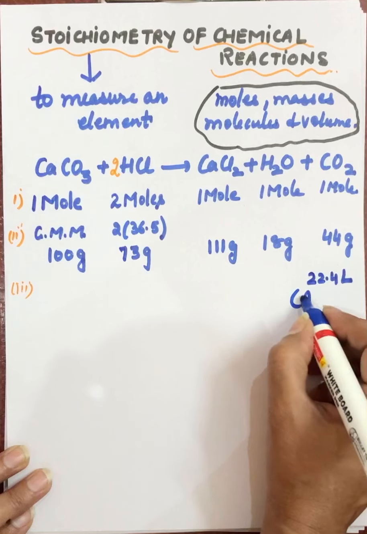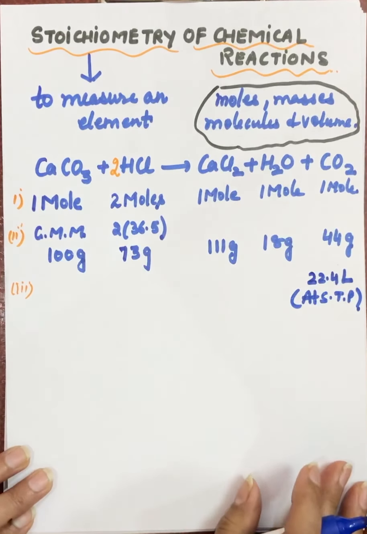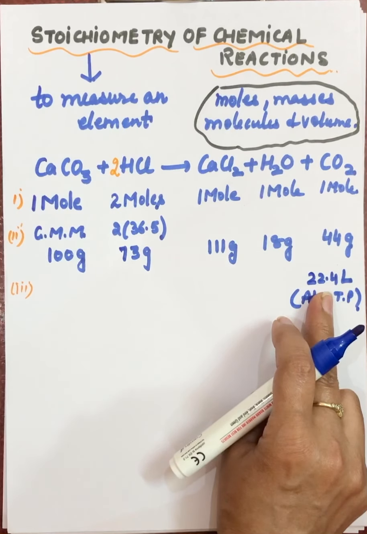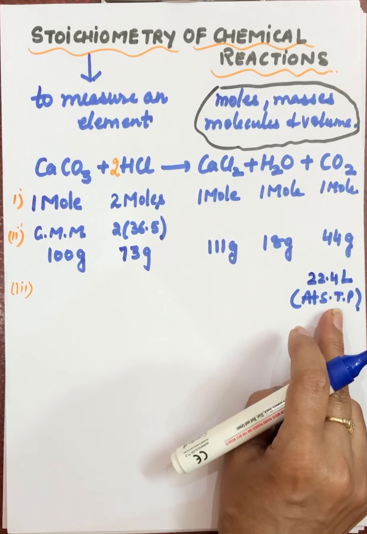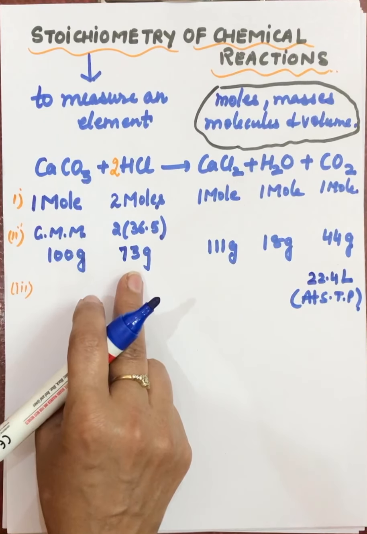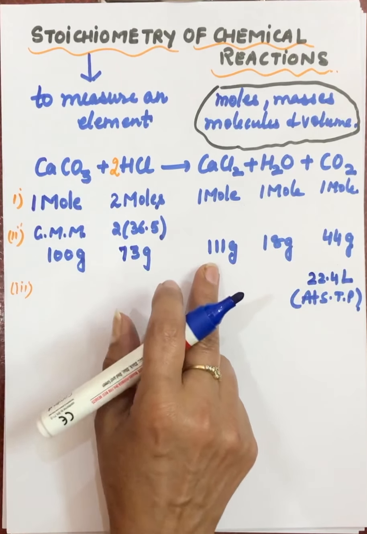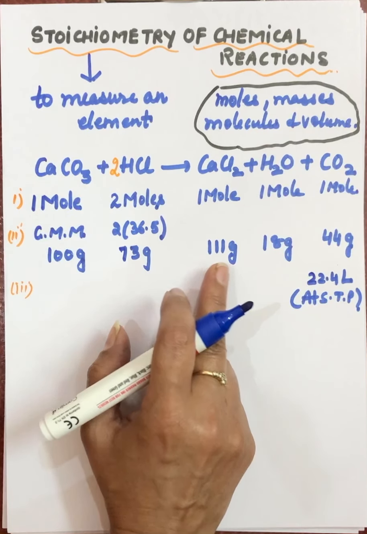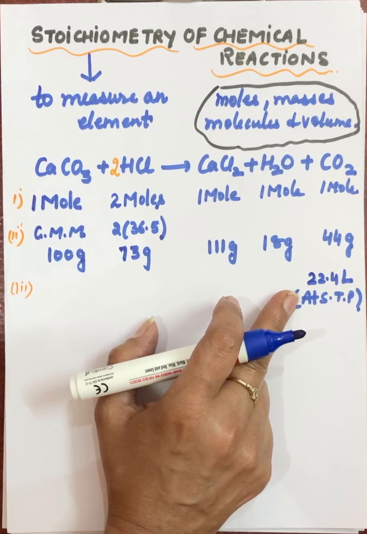But remember, under which conditions? At STP. So we can also say 100 gram calcium carbonate is giving 22.4 liter carbon dioxide under the standard temperature pressure conditions, or 73 gram of HCl gives this much amount of carbon dioxide. Or when 111 gram calcium chloride forms in this reaction, along with that the carbon dioxide formed is 22.4 liters.